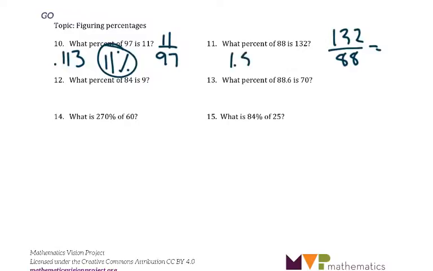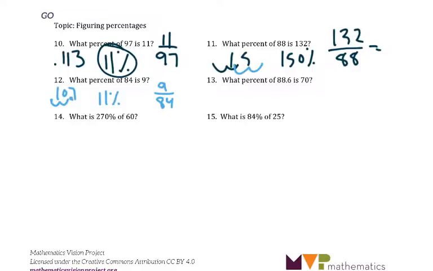You get 1.5 or 150%, because we move it 2 places to the left. What percent of 84 is 9? 9 over 84. 9 divided by 84 would give us 0.107, so basically 11% again, because we'd move it 2 decimal places to the right, not the left. And then I could round up, or 10.7.